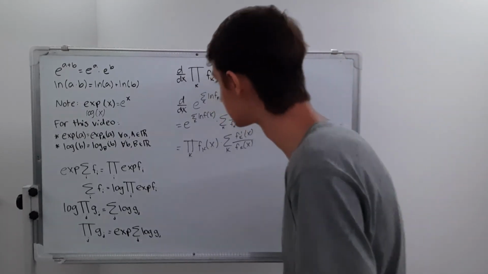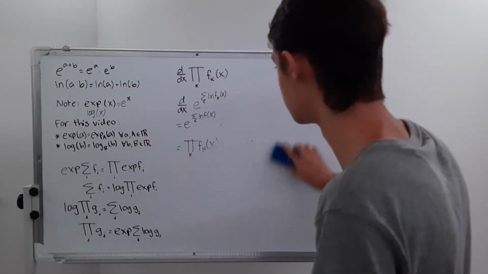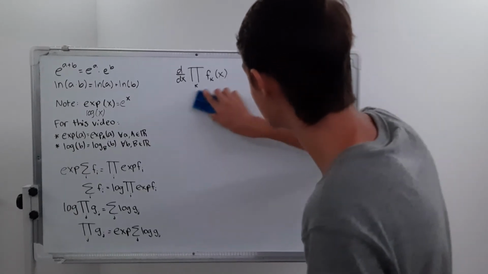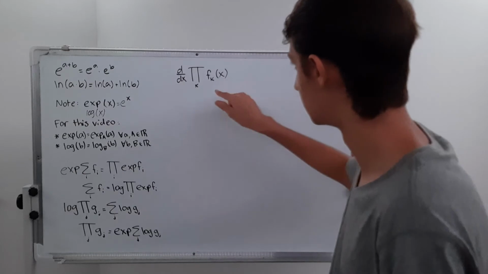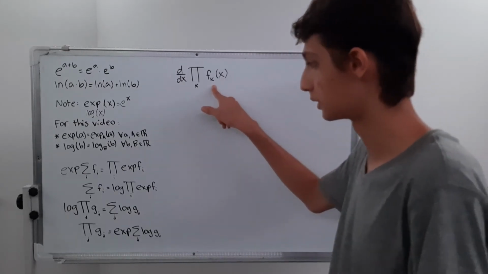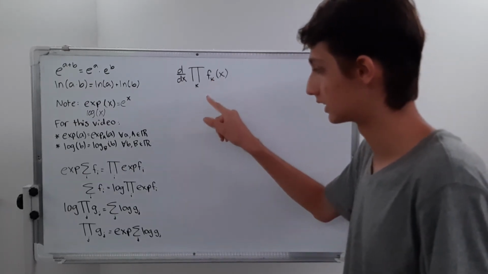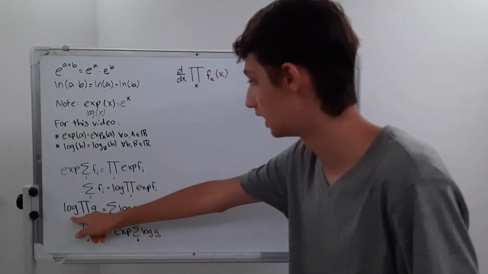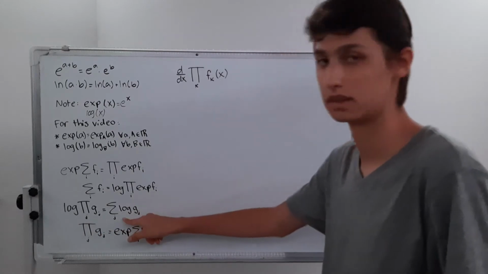The other way is kind of what I think of as brute forcing it. Essentially, we're going to try to put the pi in the exponential form. So you can see here that we have the log of this is equal to that.